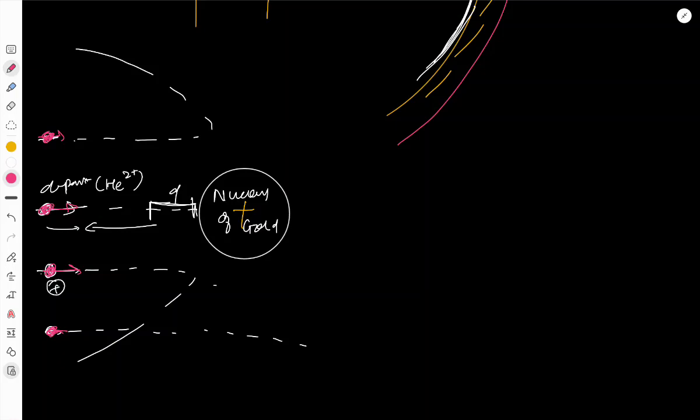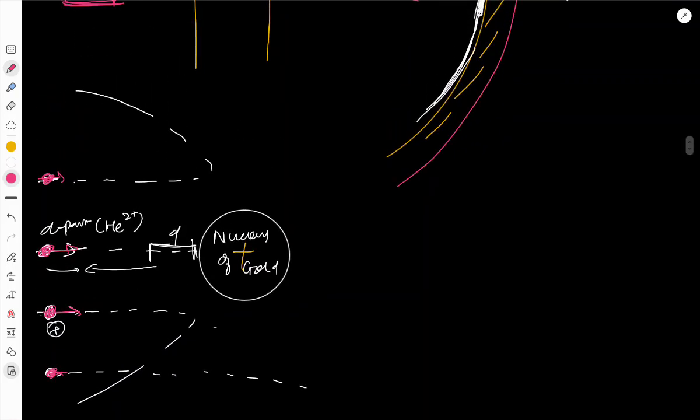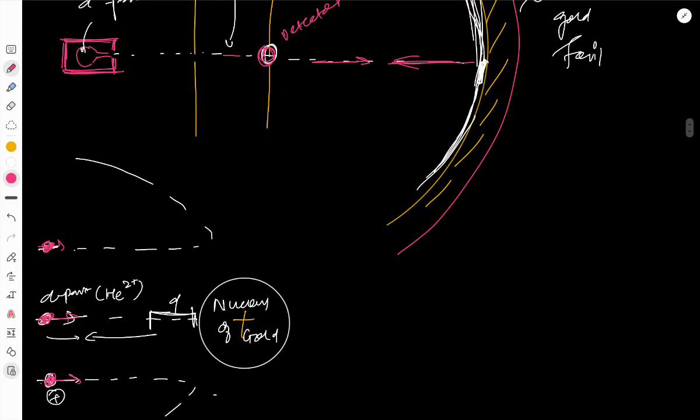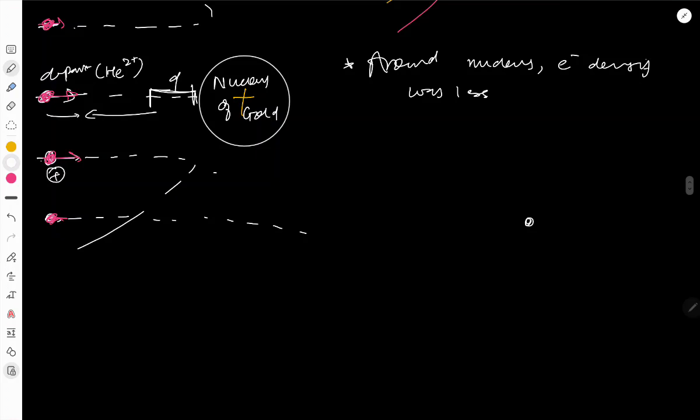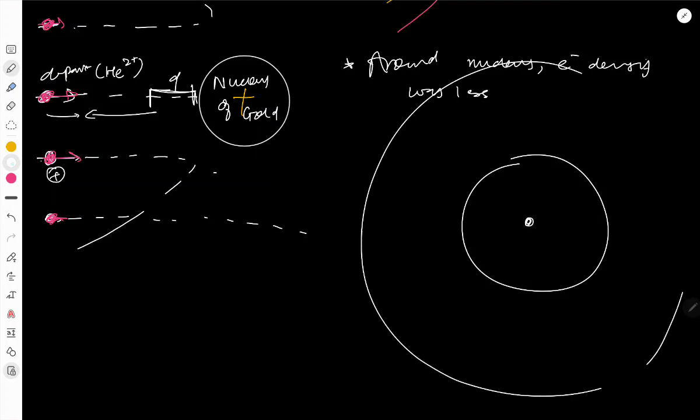The other thing that he observed, that only 1 in 20,000 was returning. That meant that around the nucleus, the electron density was less. It wasn't a crowded structure. So what I mean to say is that here is a small nucleus, and then here should be our first electron, and then somewhere here should be our second electron.